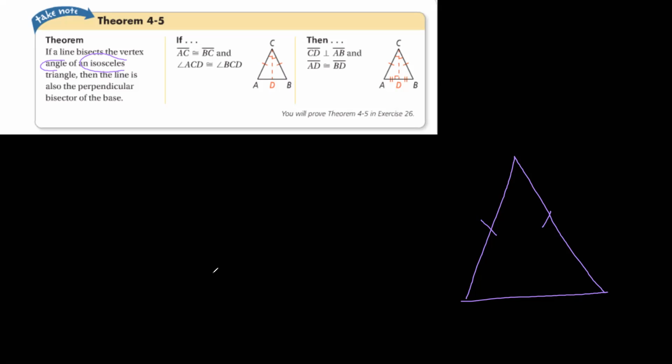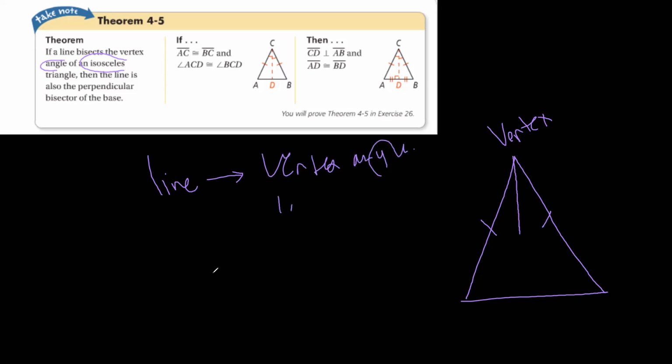If there's a line that comes from the vertex angle in an isosceles triangle, that means if these two things happened, that the line cuts or bisects the angle and it is inside an isosceles triangle, this line will be perpendicular on the base and cut the base into two equal halves.